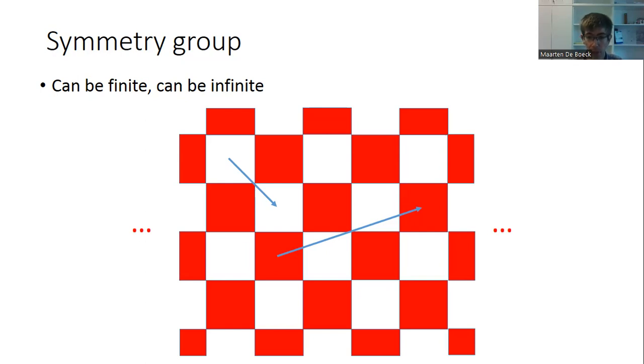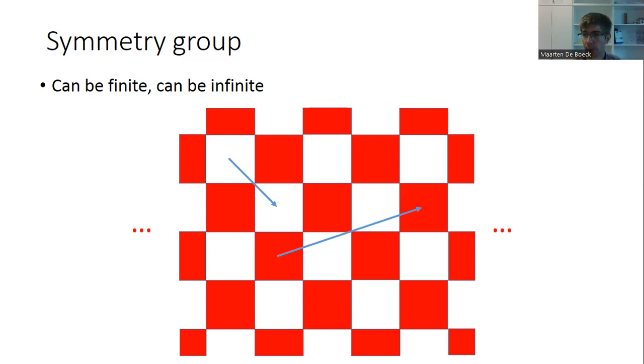For instance, moving each square one down and one to the right, as the first arrow indicates, this is something you can see. This is a symmetry, because every white quadrangle goes to a white, every red to a red. So this is clearly a symmetry of the object. But I can also move every square one up and three to the right.